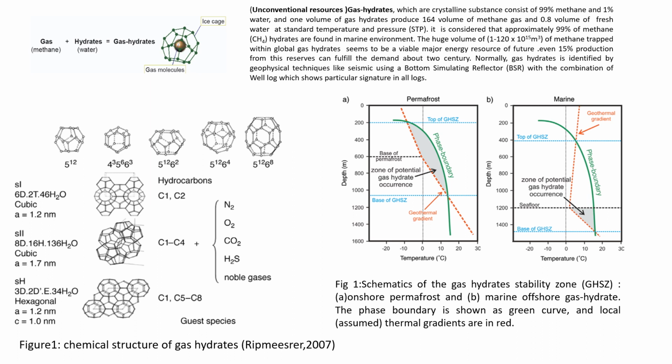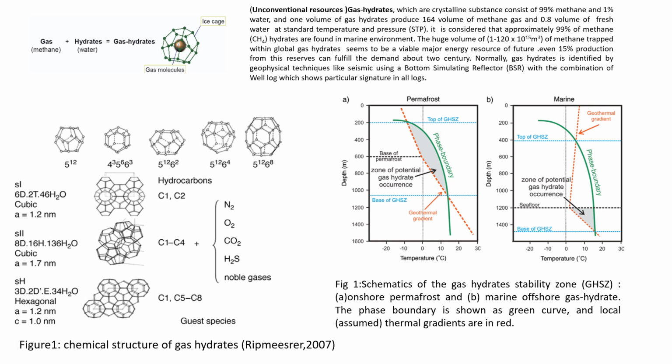Therefore, the supply of conventional energy resources like natural gas is declining because we have been using them for a long time. Then to meet the increase in energy demand, we need an unconventional form of energy like gas hydrate.